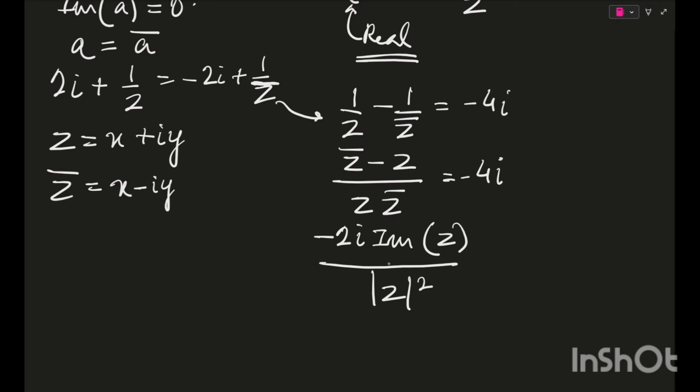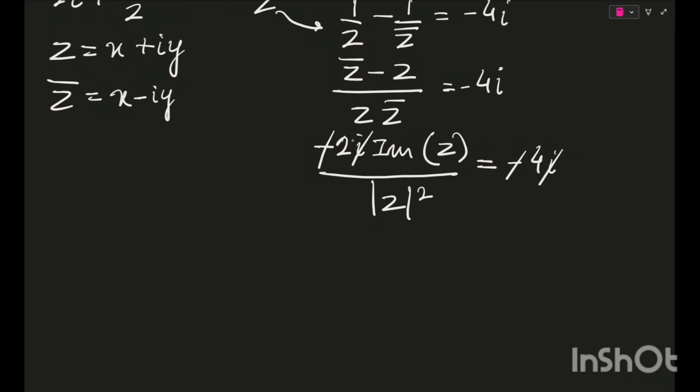I hope I don't have to explain these. And this is equal to minus 4i. So minus i will get cancelled from both sides, and also 2 will get cancelled on this side. So you will finally have imaginary part of z by mod z square is equal to 2.